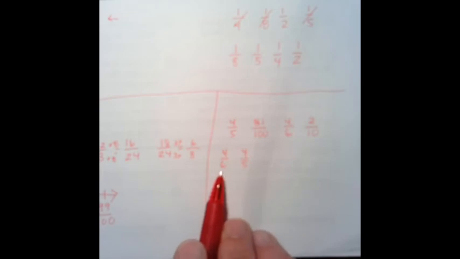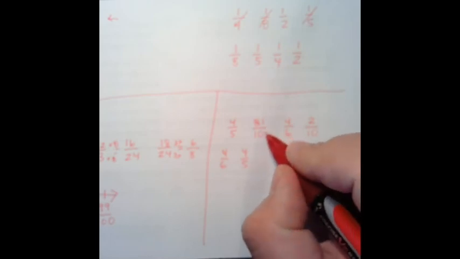So the bigger the number on the bottom, the smaller the fraction. Now I can compare, and I'm going to put 81 hundredths and 2/10 together, because I can make 2/10 into 20 hundredths. So I know that 20 hundredths is smaller than 81 hundredths.